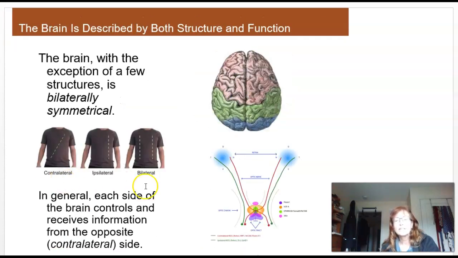The only other thing on here that I wanted to mention is just this idea that the brain and us, in many respects, we are bilaterally symmetrical, which means that we have kind of a mirror image of sorts on each side. So when we're looking at areas over here, there are corresponding areas on the opposite side of the brain as well that are activating in tandem very often with this side.